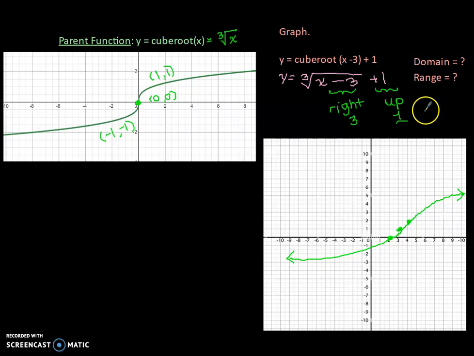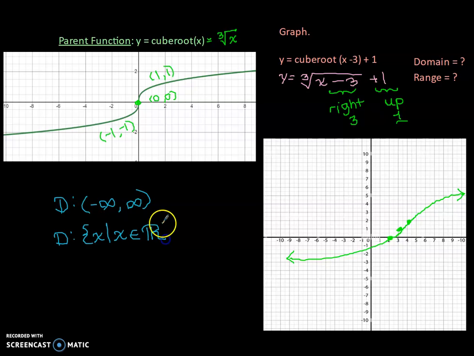So now to find the domain, what are all the x values being used? Well, this goes out from negative infinity all the way to positive infinity. So my domain is all real numbers. Now, how can that be? With a square root, I have to be careful and make sure what's inside is always greater than or equal to 0.